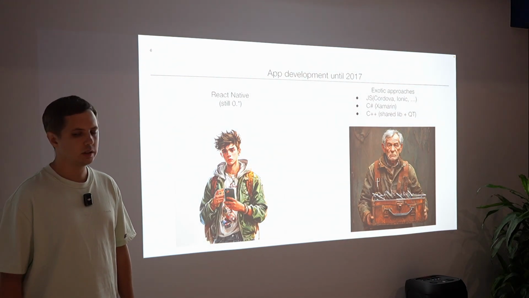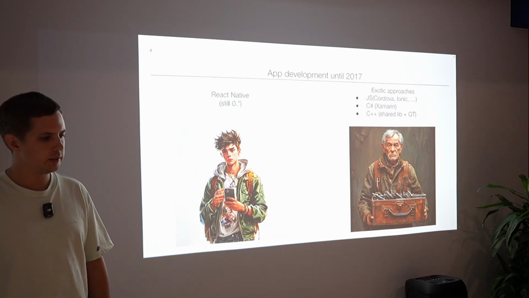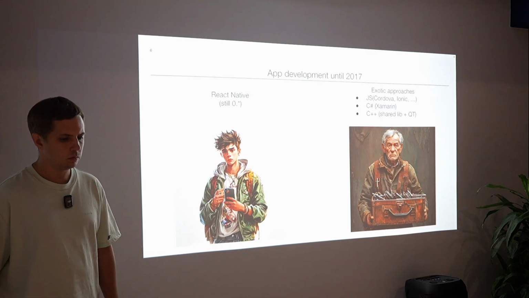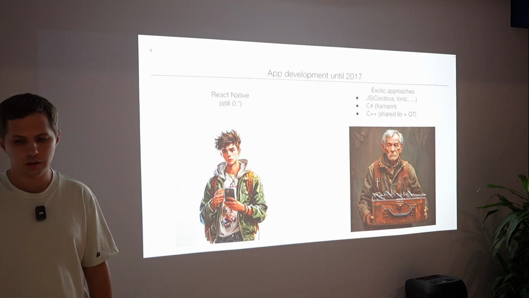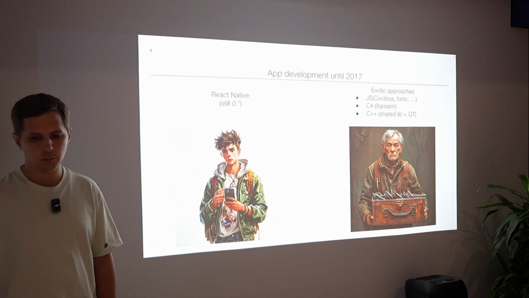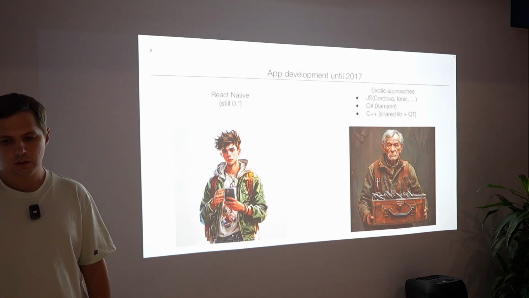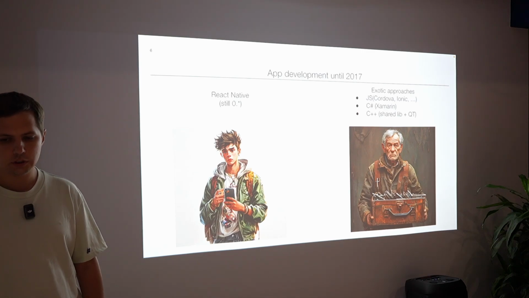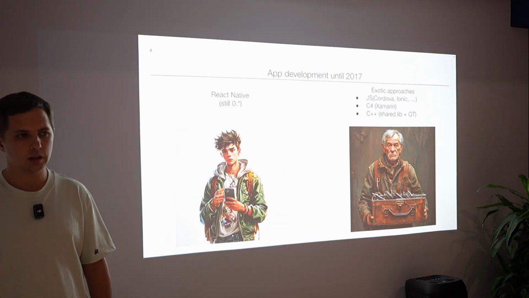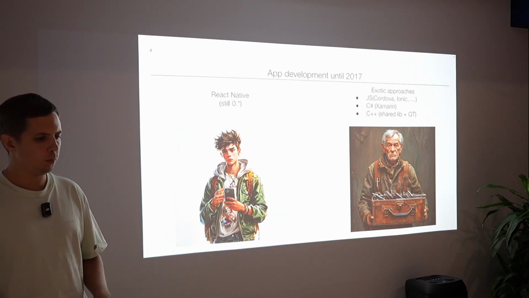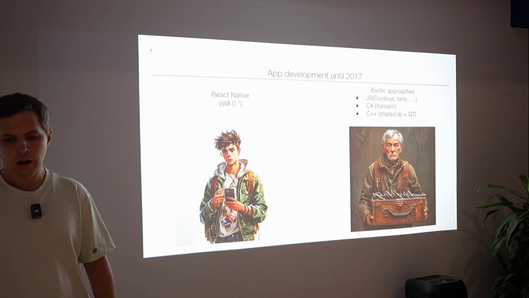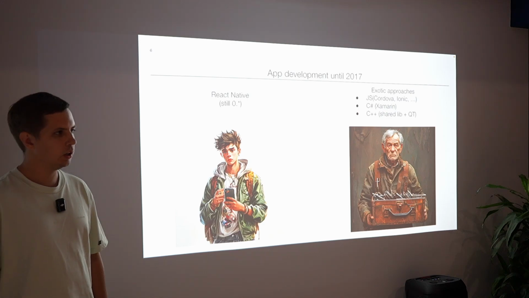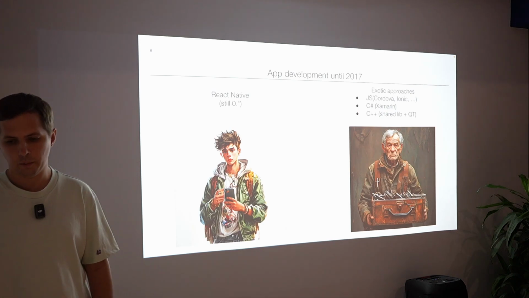And also some exotic approaches like JavaScript-based ones, Cordova, Ionic, and so on. Also, some companies used C# and Xamarin for their application development. And the last one is a class of C++ based approaches. For example, using a shared library with business logic, which then compiles into SO or DLL. And also some companies tried to share UI with Qt, for example.